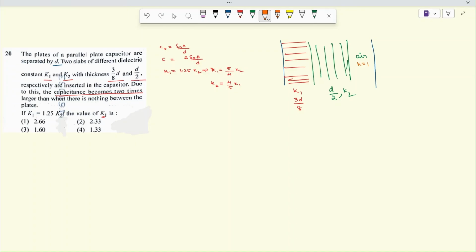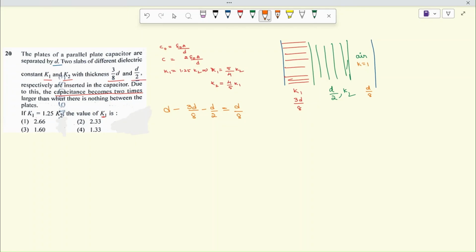And how much is that thickness? Let us find out. That thickness is nothing but total minus sum of the first two, which means D minus 3D by 8 minus D by 2, which will be D by 8, right? So the final one is D by 8 with constant 1.